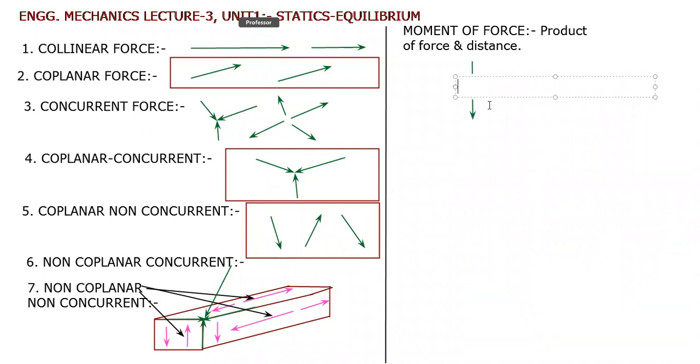Let us assume that this force is capital F, which is going downward, and you want to calculate the moment of this force about the point A, which is located at this distance D.